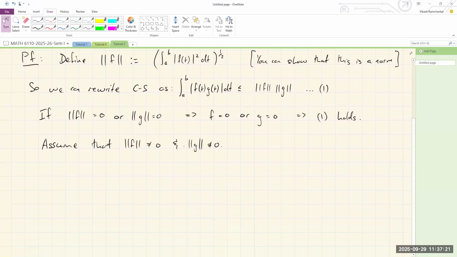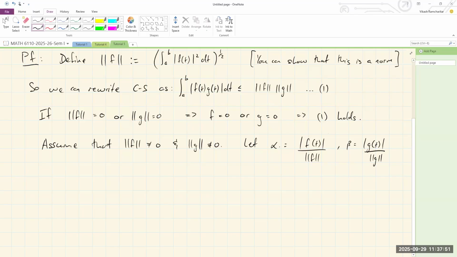Now I'm going to let alpha be equal to the modulus of f of t divided by the norm of f, and I'm going to let beta be the modulus of g of t divided by the norm of g, because I know that the norm of f and the norm of g are non-zero, so I can divide by them.